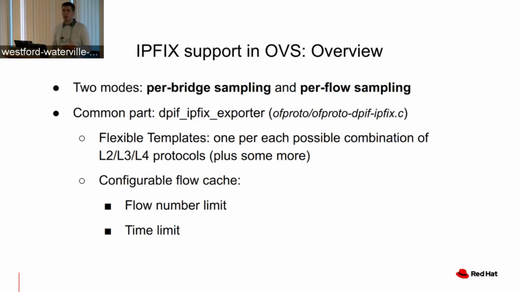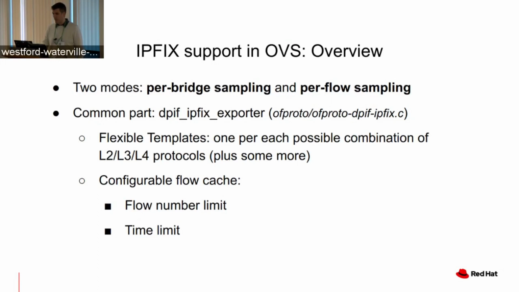The configurable flow cache can be used to improve performance and basically keep the flow information inside OVS and just increase the number of packets that are seen within that flow. It does increase the latency until you see that flow appear in your collector, but it reduces the traffic that goes back and forth. So it is definitely worth considering if we're using IPFIX on production setups.